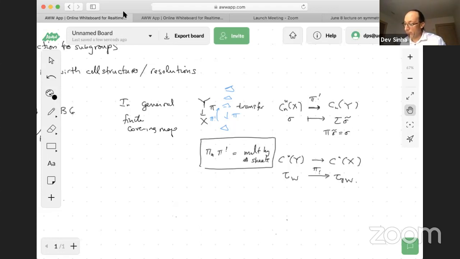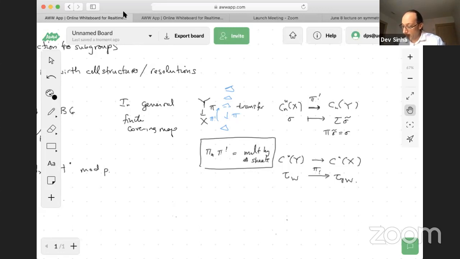Corollary: let H in G be a p-Sylow. And let's talk about all homology and cohomology with mod p coefficients. Then multiplication by the number of sheets in this case is going to be multiplication by something prime to p, and so that's an isomorphism with mod p coefficients.